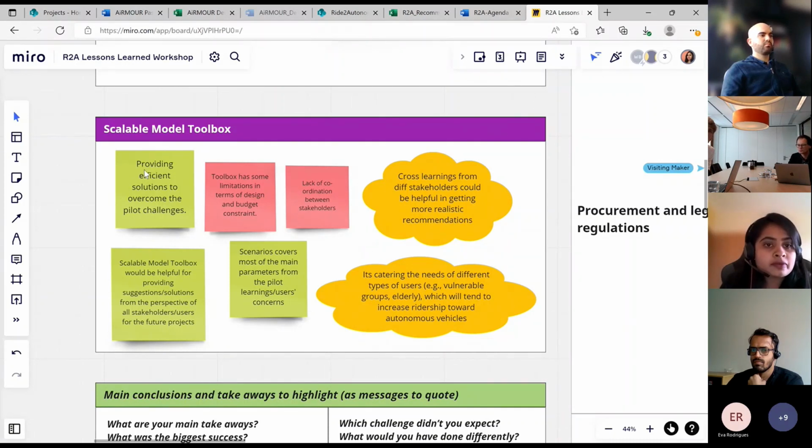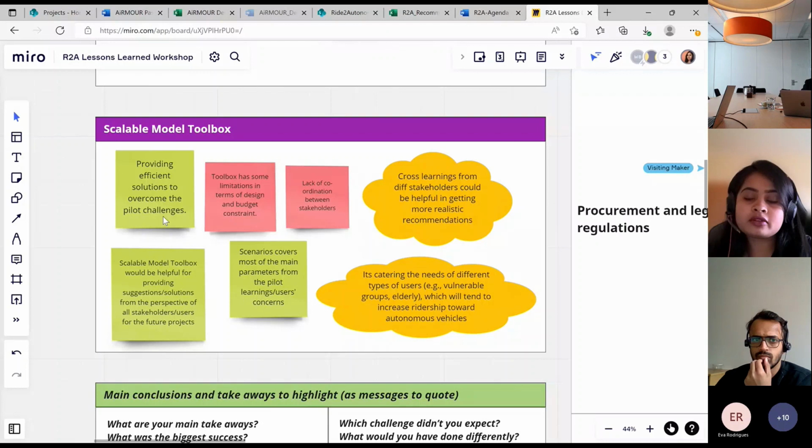Like providing efficient solutions to overcome the pilot challenges, as this toolbox, if you see the scenarios and recommendations, covers all the aspects from the user perspective, like safety and reliability, security, cost efficiency, and how we can safely integrate with the public transport modes and mobility as a service. So it covers all the aspects.